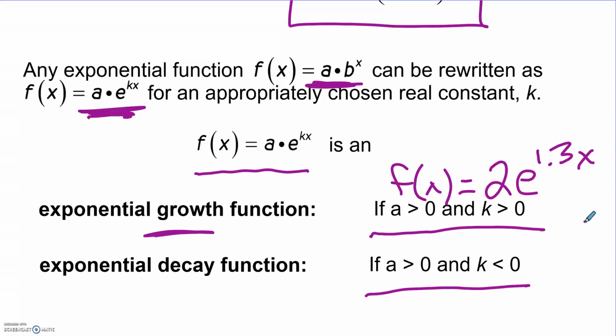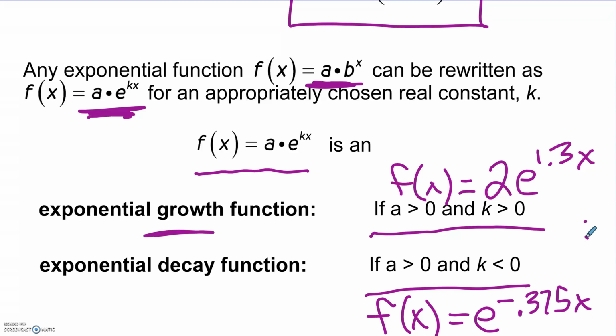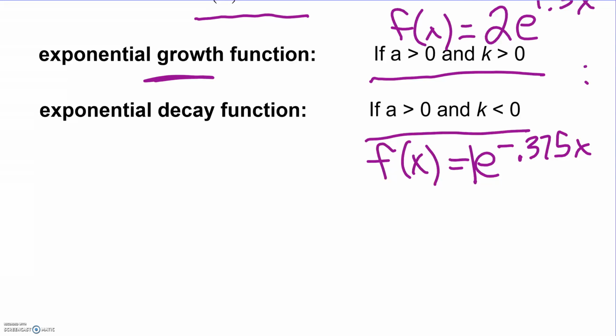An exponential decay would be something like f of x equals e to the negative 0.375x. Okay, that's an example of exponential decay. There, the a value is actually 1, and the k is less than 0, so that's what makes it a decay function.